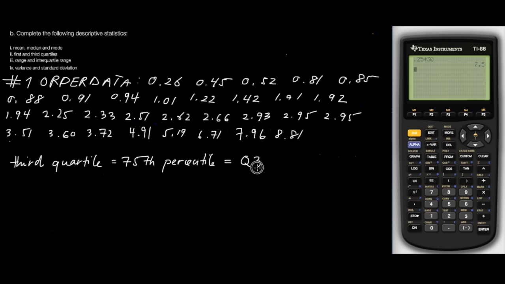or Q3. Okay, so as always, first we need to find our position. And notice how we can't do simply n divided by 2 here. That only applies to the median, because the median is the 50th percentile, which is exactly your sample size times 0.5, or your sample size divided by 2. Mathematically, it's the same outcome.